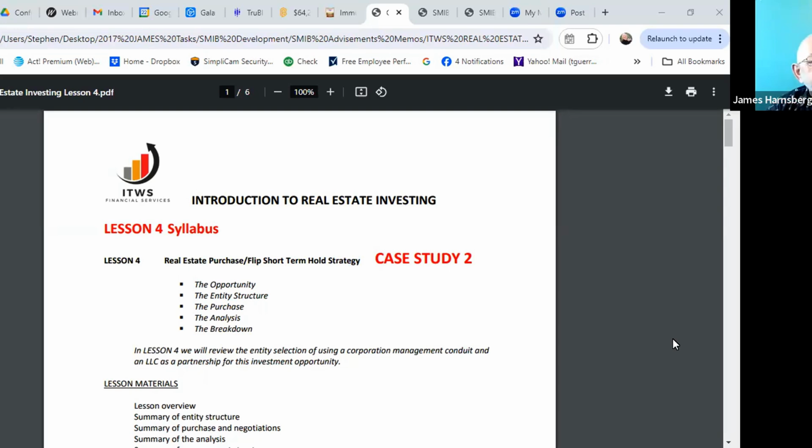In lesson 4, I think the biggest takeaway that I would encourage is to understand that each real estate investment deal should be clearly defined in terms of what your investment objective is, your exit strategy, and what benefit you're getting from the transaction.